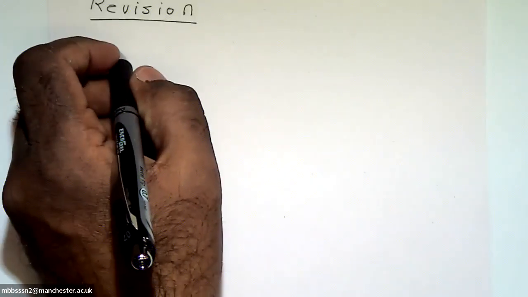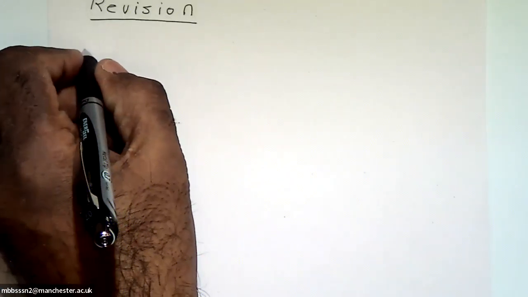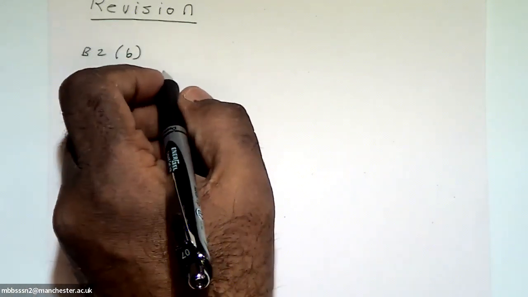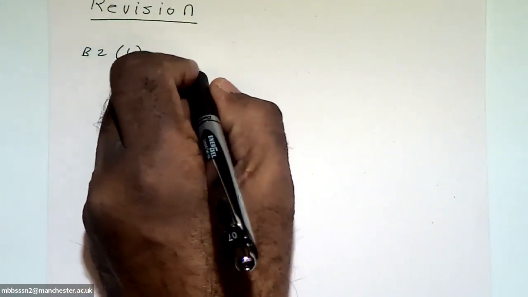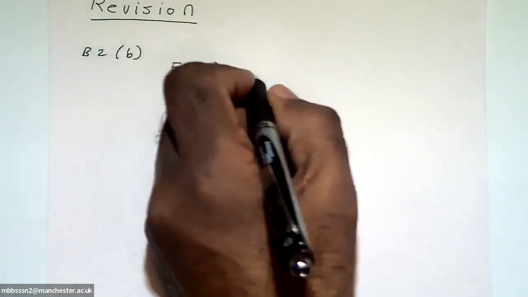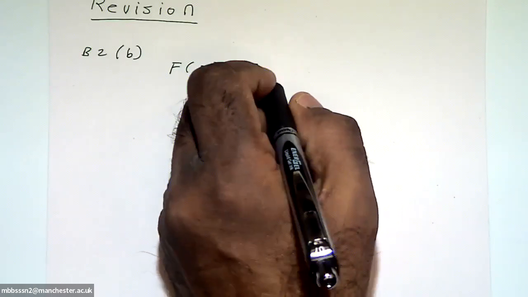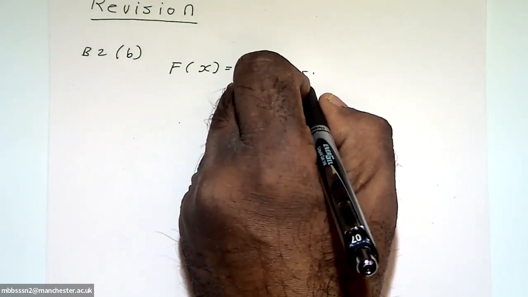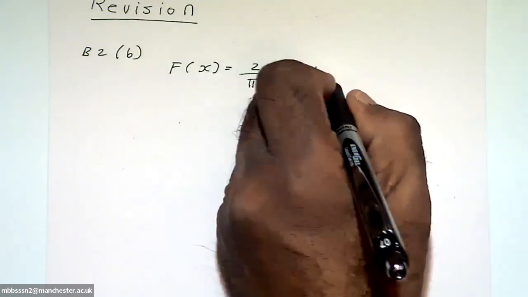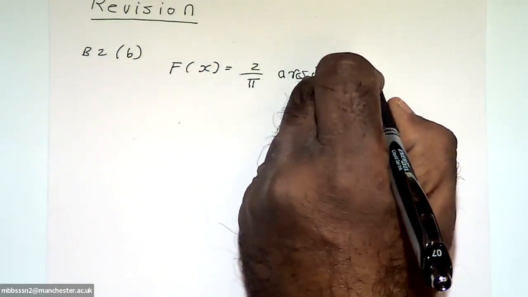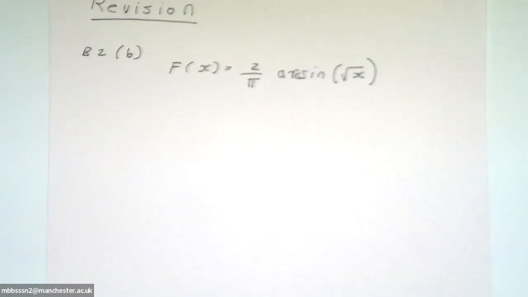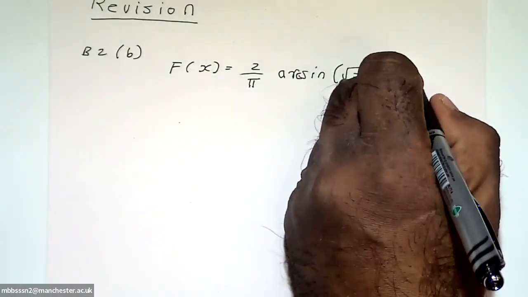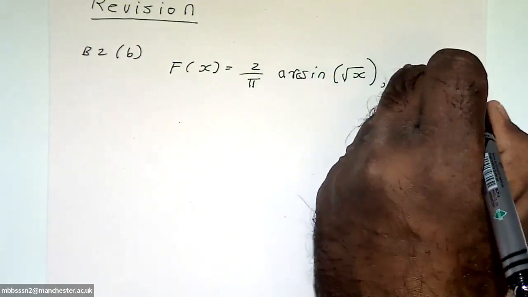So the question is, this is B2, part B. You're told that f of x is equal to 2 over pi arcsine of root of x, and you're told that x is between minus and plus infinity.